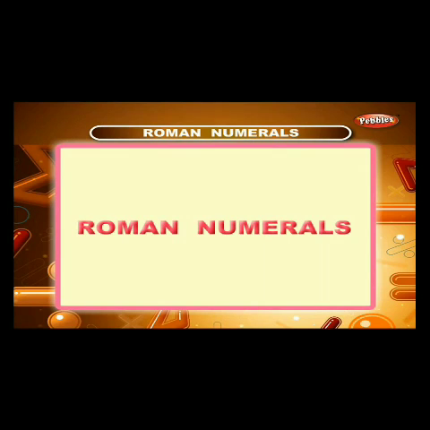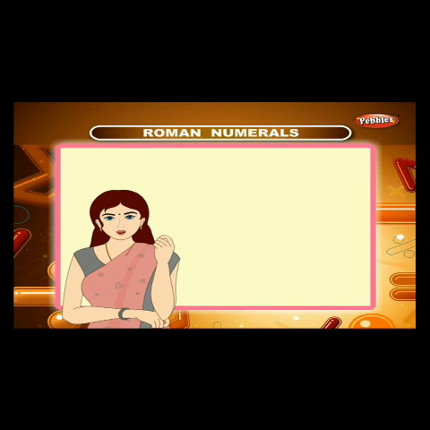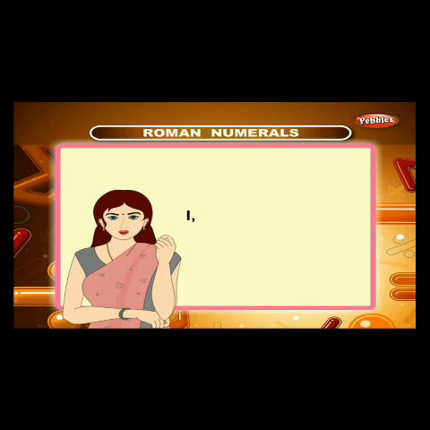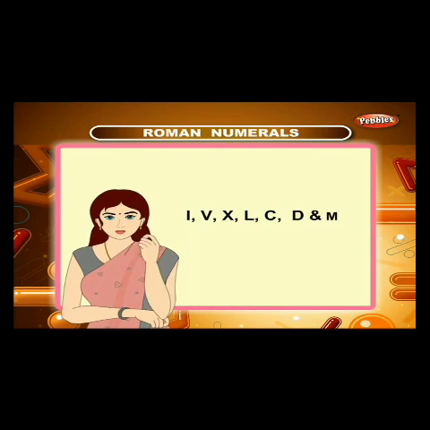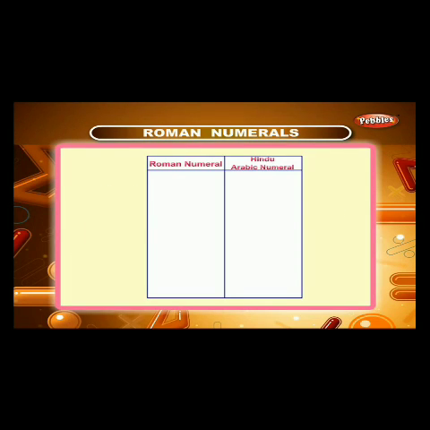Chapter 1, Roman numerals. In our previous class, we have already studied that the Romans use 7 symbols, that is I, V, X, L, C, D and M to write any number. Look at this table. Here we have compared the Roman numerals with the symbols used in Hindu-Arabic, where symbol I used by the Romans is equal to number 1 in the Hindu-Arabic numerals.